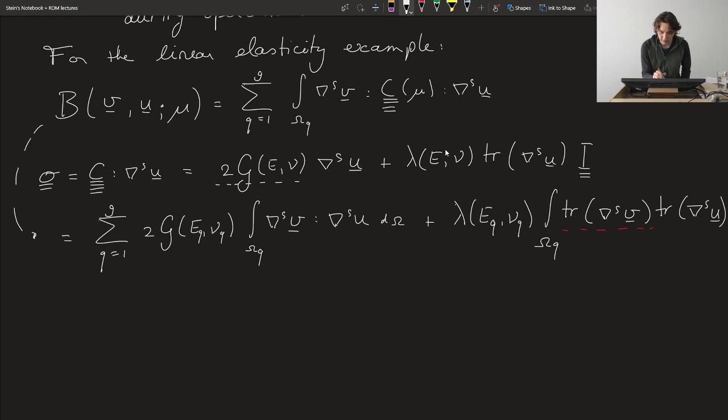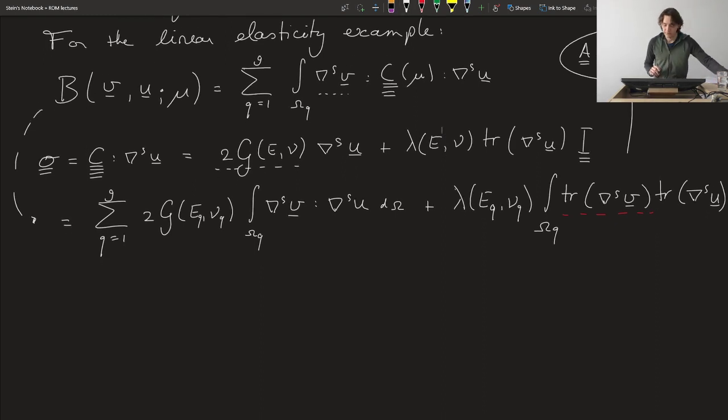That is because if I double contract some second order tensor A with I, that will be simply the sum of the diagonal entries, which is simply the trace of A. So that's coming from there. Anyway, that's not really important for my story though.